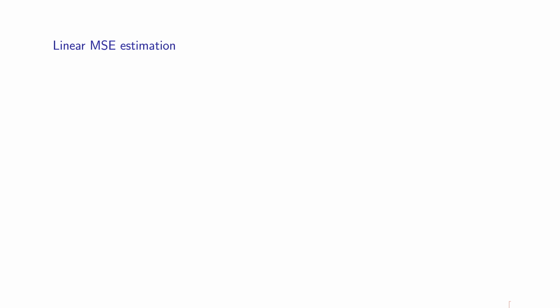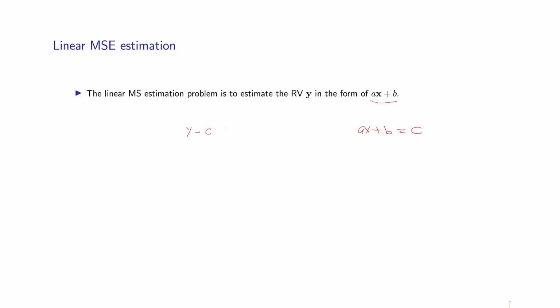The practical way is to use a linear estimator. So for linear mean square error estimation, you could assume that my estimator is a linear function of x: ax plus b is my estimator. Again I want to minimize the mean of the squared error, y minus c, where c is ax plus b.